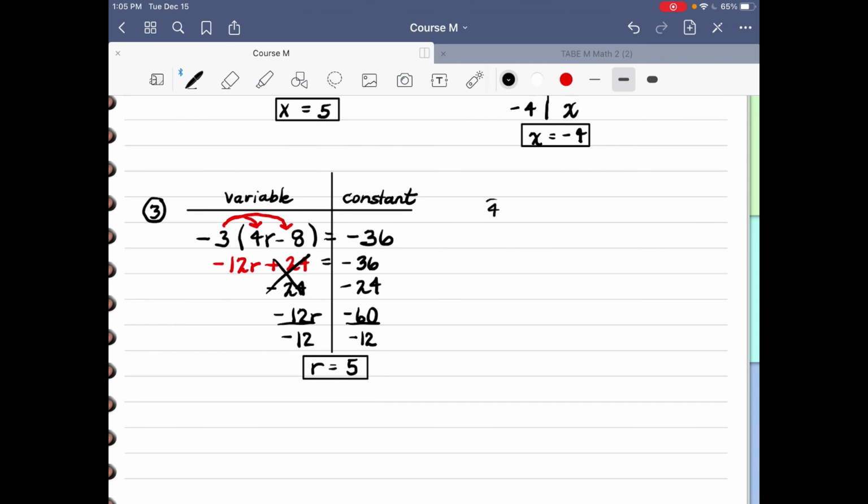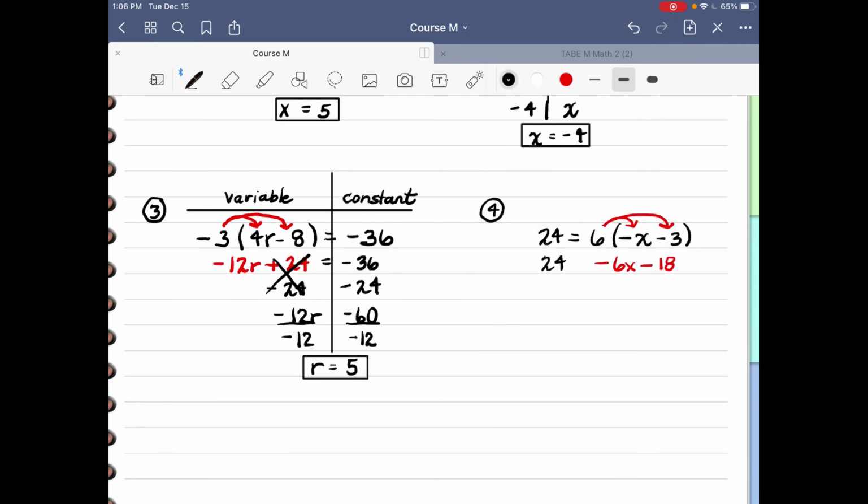Number 4. 24 equals 6 parentheses -x minus 3 parentheses. So let's distribute. 6 times -x is -6x. 6 times -3 is -18.